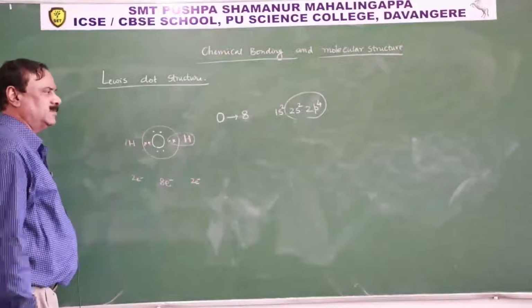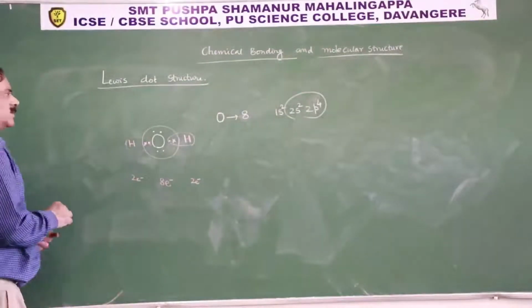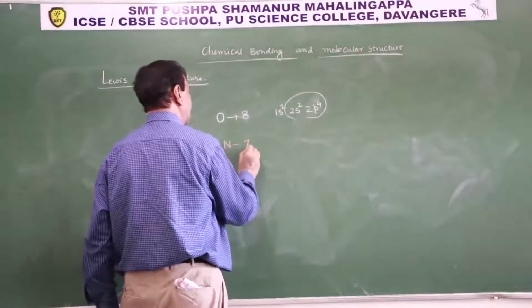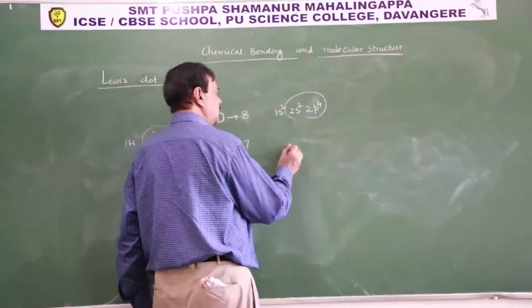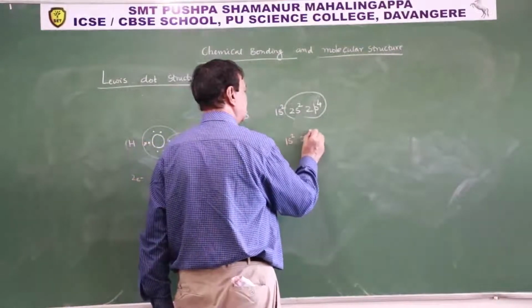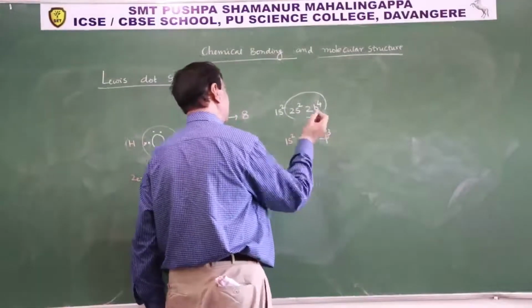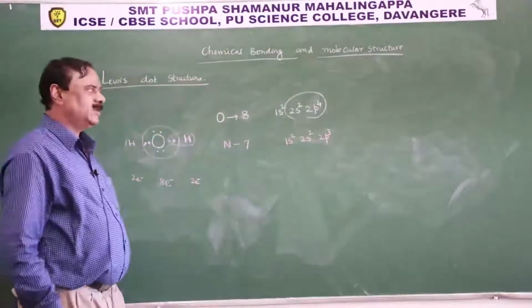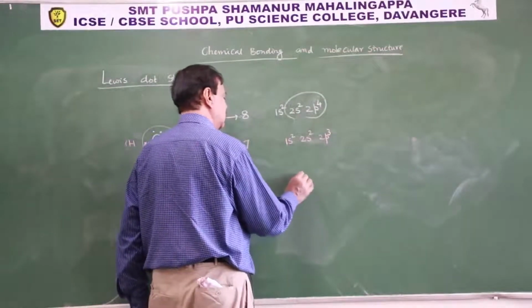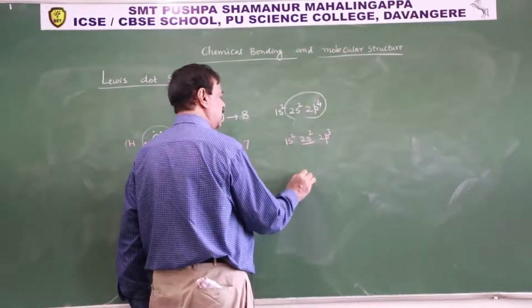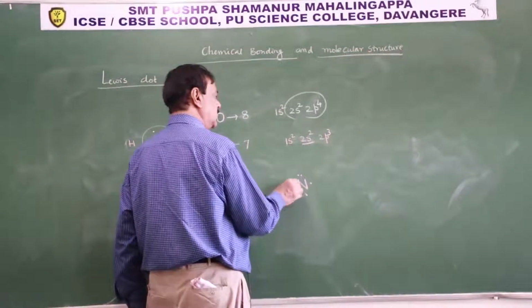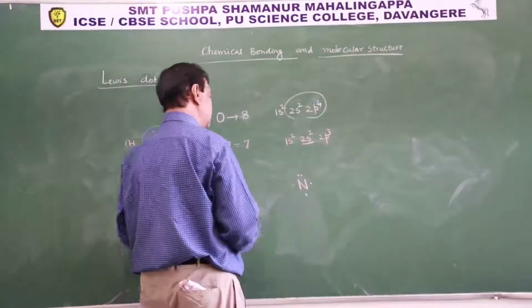In the case of ammonia, nitrogen has 7 electrons. Its electronic configuration is 1s2, 2s2, 2p3. Nitrogen has 2s atomic orbital electrons and 2p atomic orbital electrons.